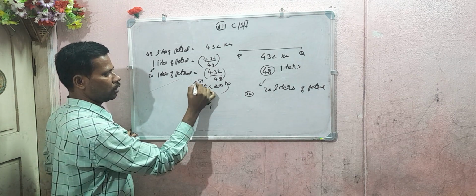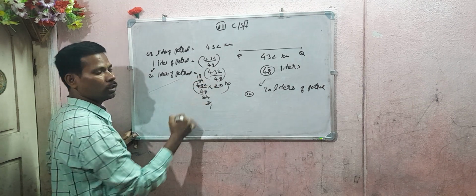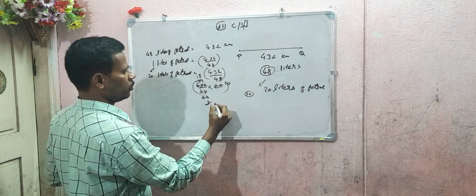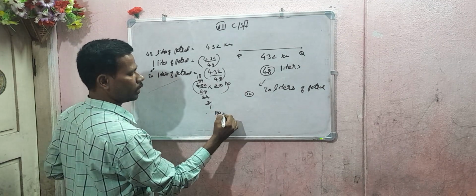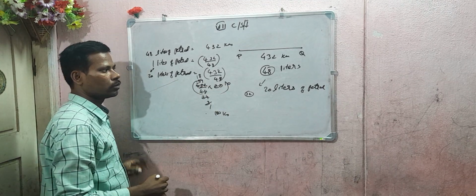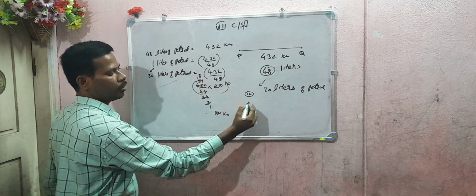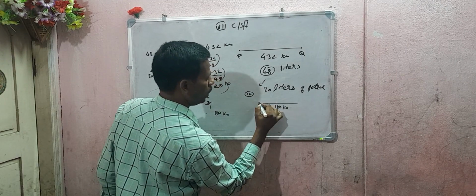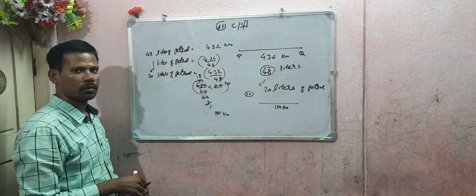Next, 3 1s are 3, 3 8s are 24. So 18 into 10 is 180. 180 kilometers. So with 20 liters of petrol, he can travel only 180 kilometers.